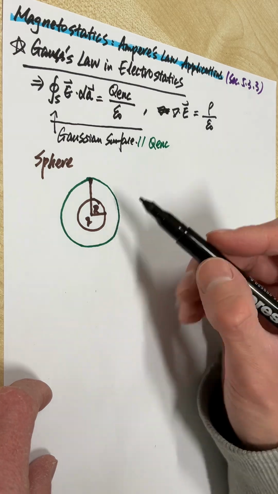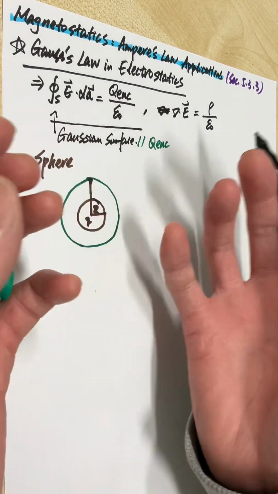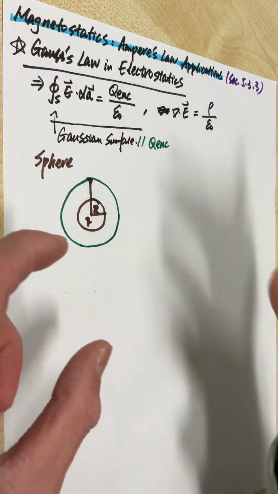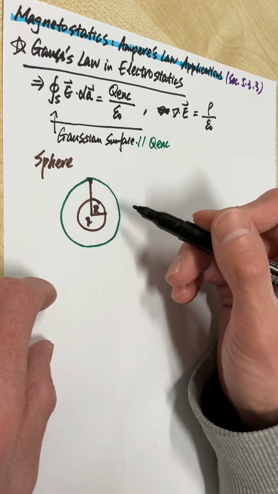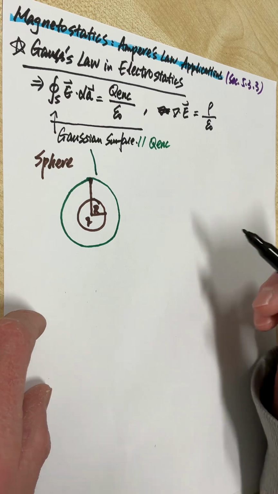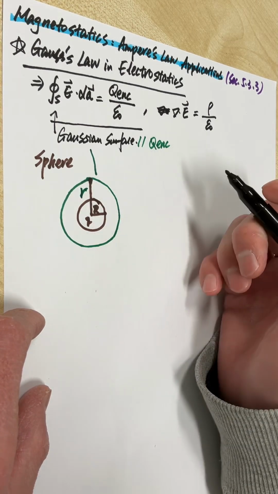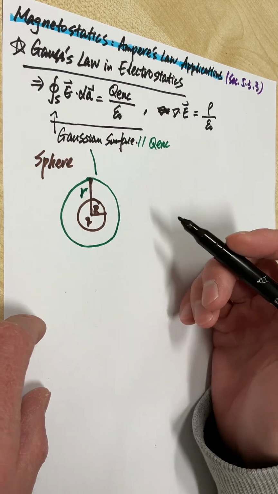Because this is uniformly charged, the closed surface that surrounds it would all have the electric field diverging straight out of the surface. So this is the Gaussian surface. If we define this radius as r, it can be any point outside the sphere.